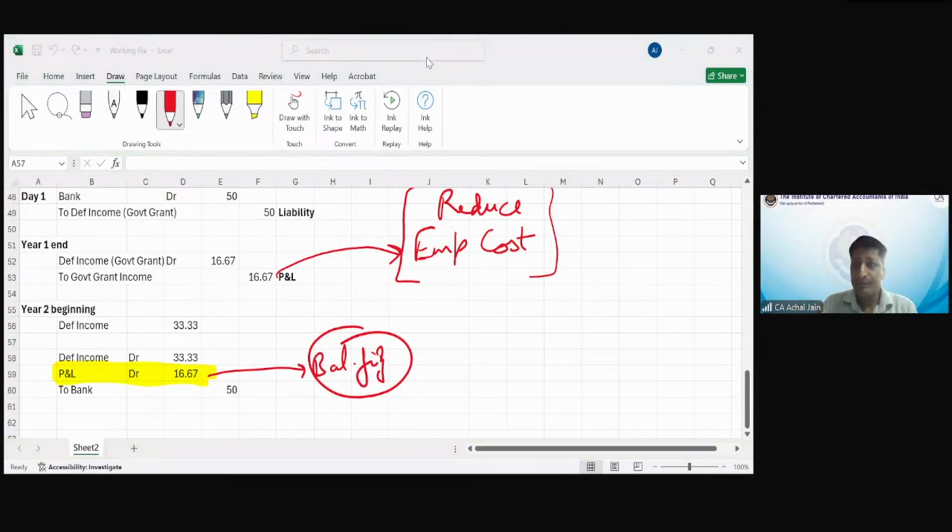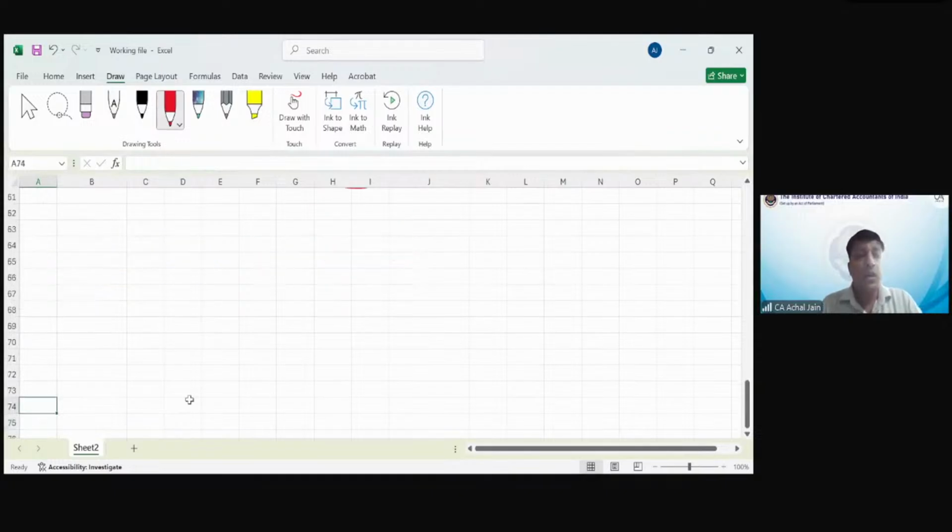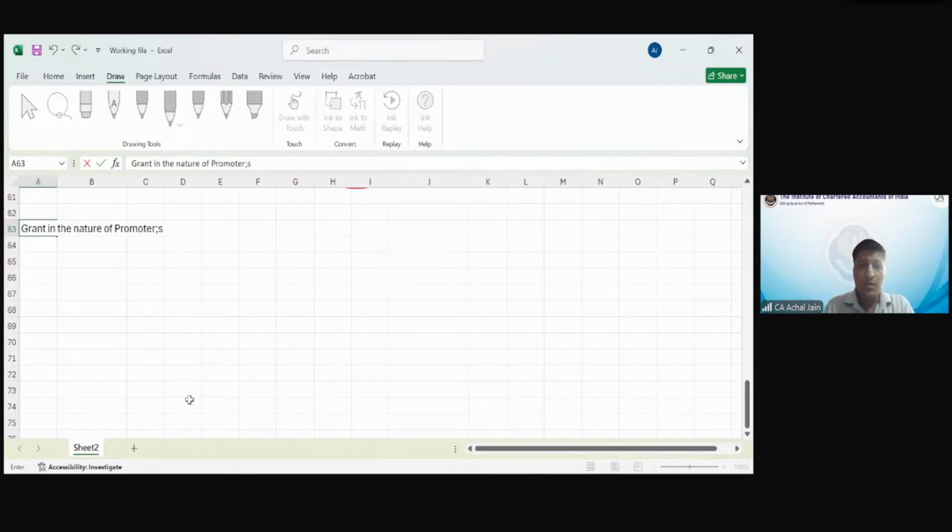Okay, now let's suppose it was a grant in the nature of promoters contribution.